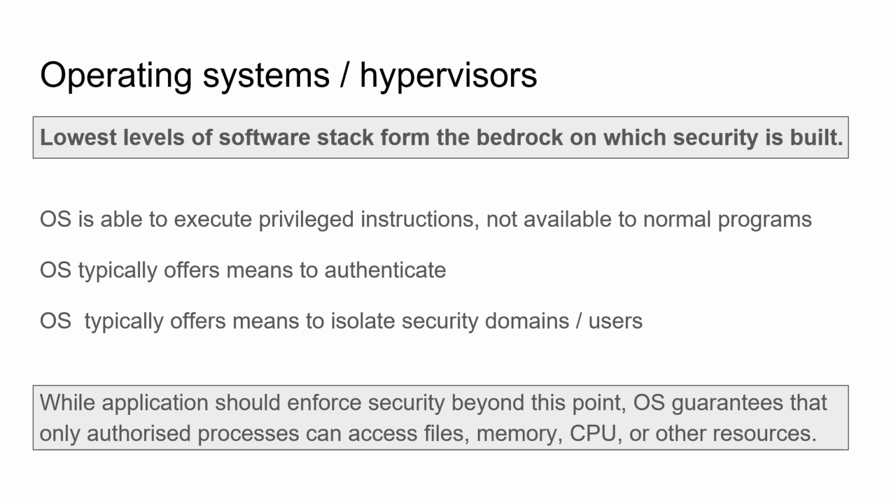Now, these are the core components on which further security can be built, and the application is responsible for enforcing the security beyond this point. The operating systems simply provide the means to do that, so that you guarantee that only processes with the appropriate authorization are able to access specific resources.